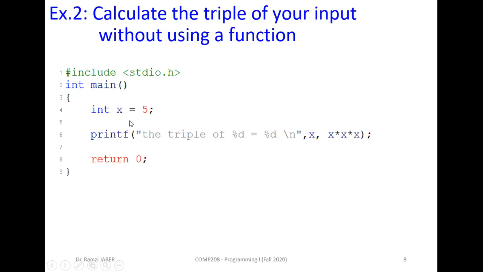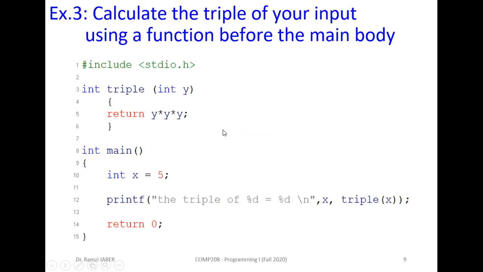Okay. Now, without using a customized function, this is a very simple example. Now we want to write a triple function, including this code, x times x times x. So the next slide will be this code.